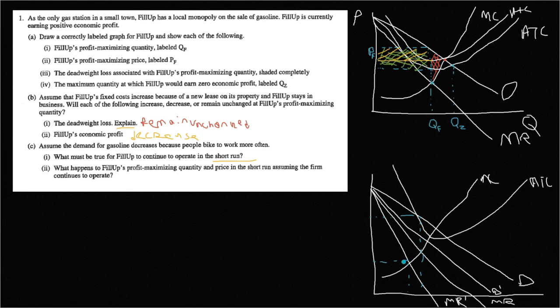And so we go up to the new demand curve, and both the profit maximizing quantity and the profit maximizing price have decreased, because it was Q1, now Q2, and this was P1 and this was P2.